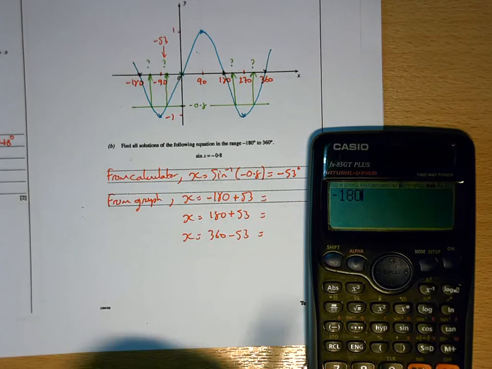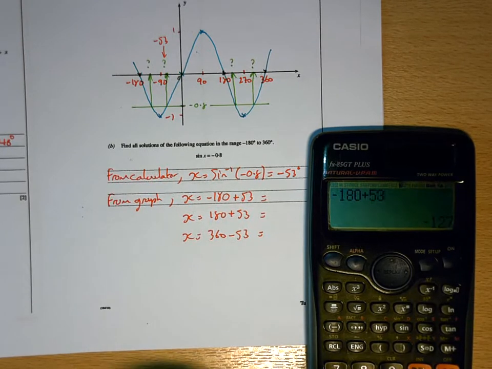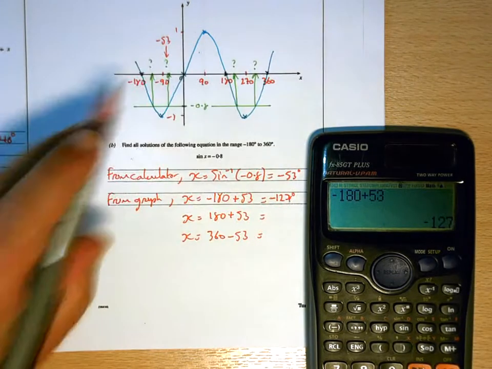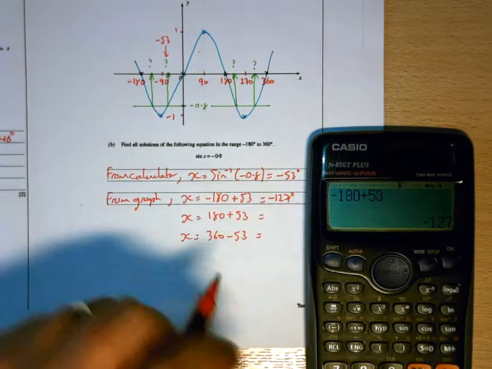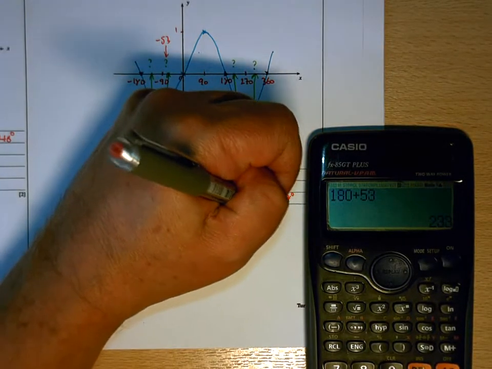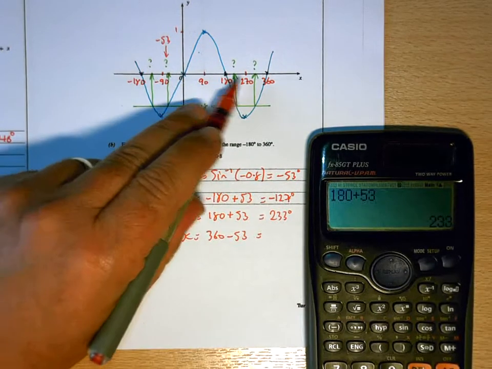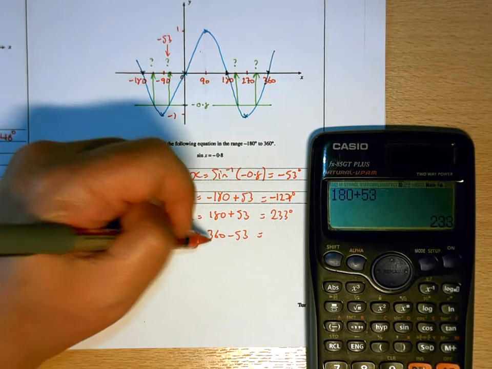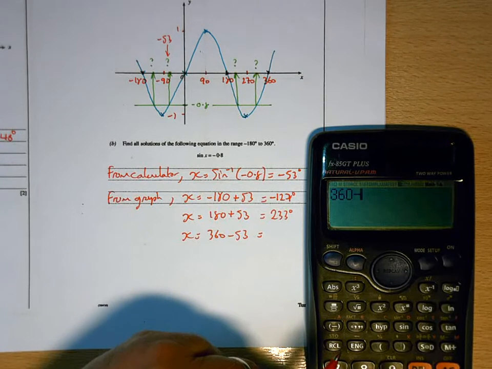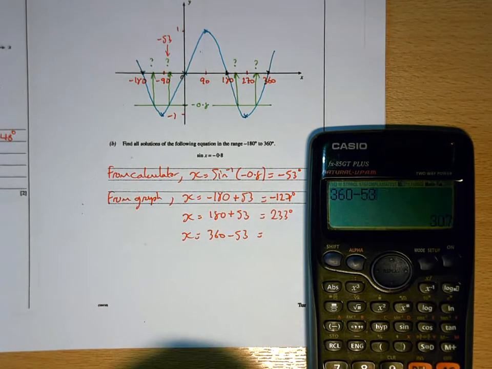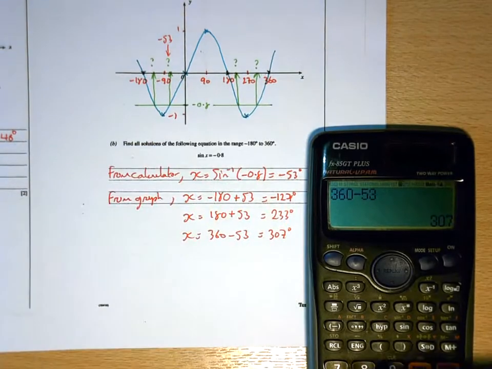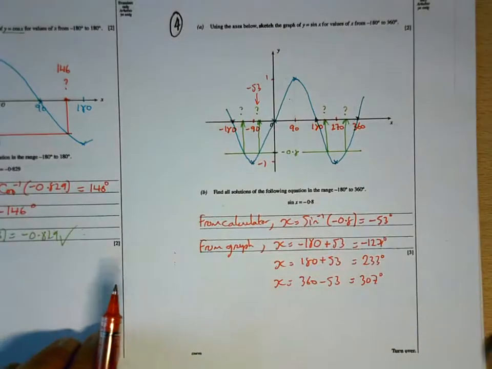So minus 180 plus 53 is minus 127 degrees. So that's that one. 180 plus 53, 233 degrees. That's that one. And 360 less 53 is 307 degrees, which is that one.